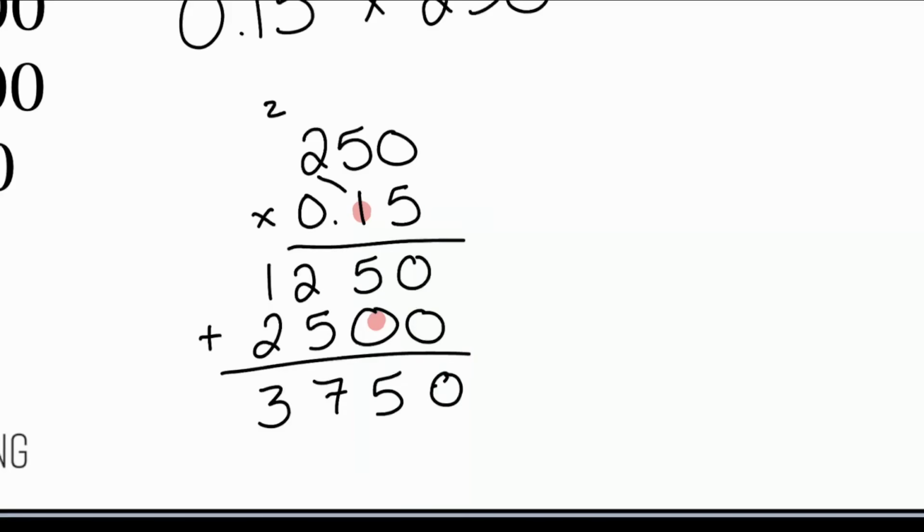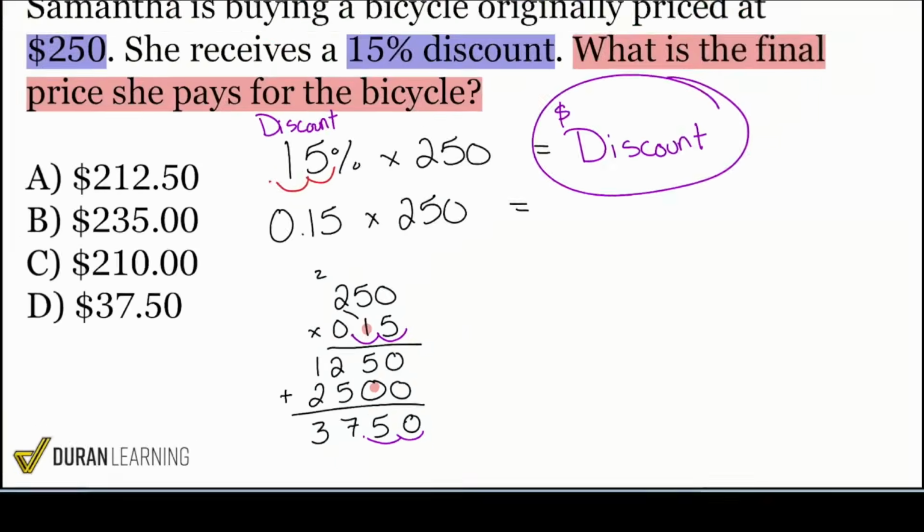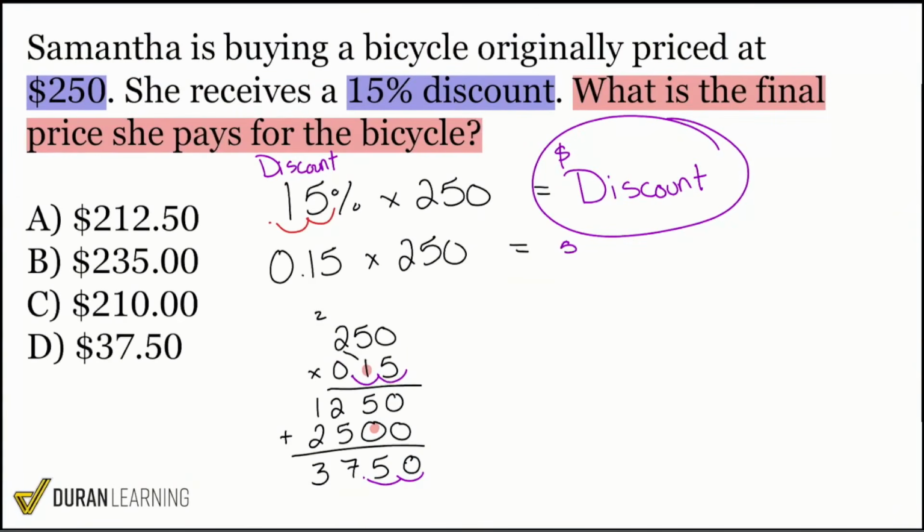So we have 3750. But remember, everybody, we got to bring those decimals back. So that'll be 1, 2 right there, 1, 2 right there. So the amount of the discount specifically is $37.50.